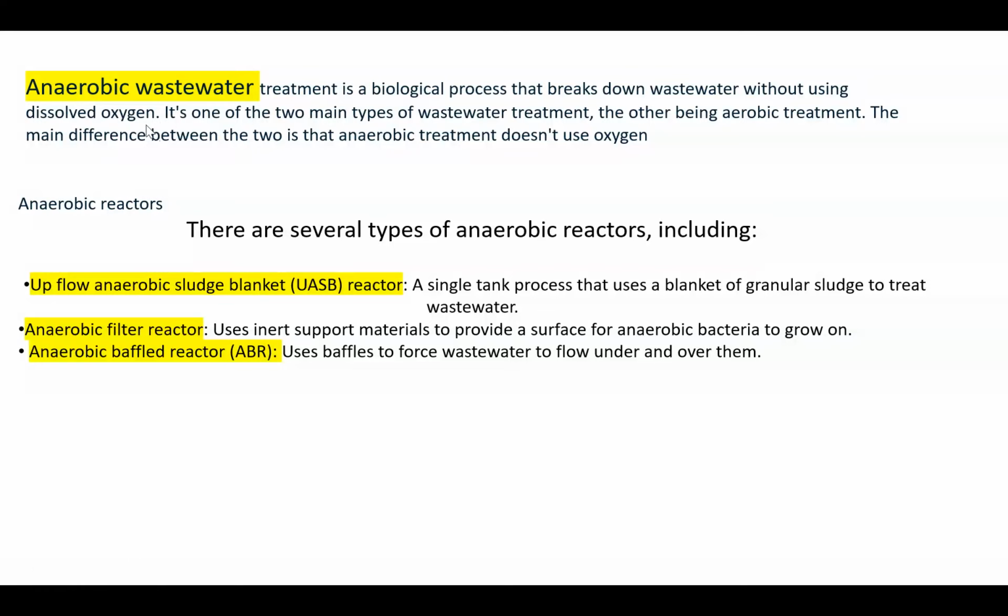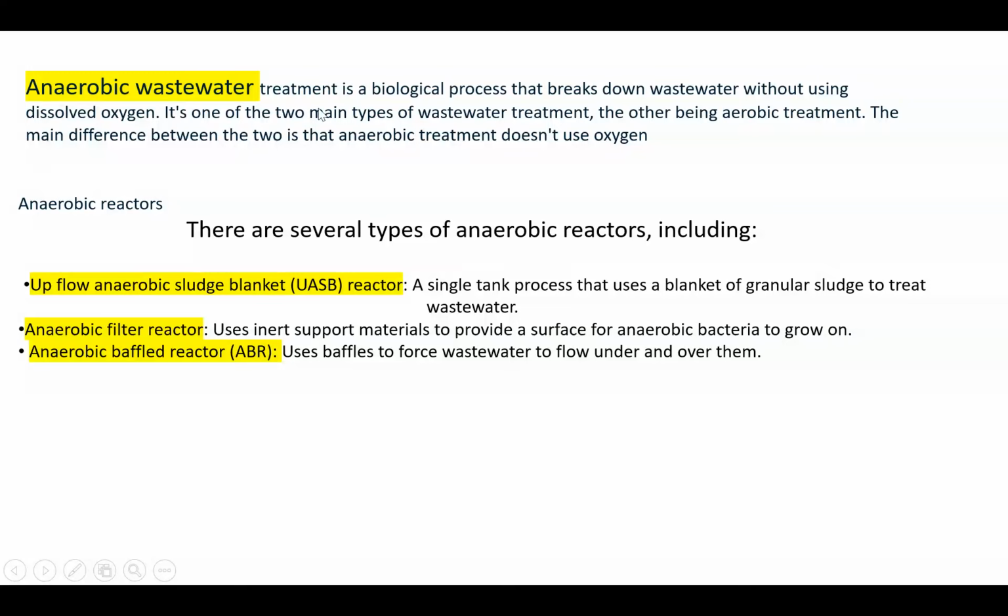In the previous week, we were discussing mostly the aerobic condition, because we were providing air, so we were providing the oxygen in the air throughout all the examples. Now how does that aerobic condition differ from anaerobic wastewater treatment?